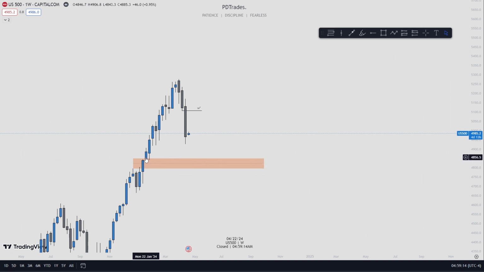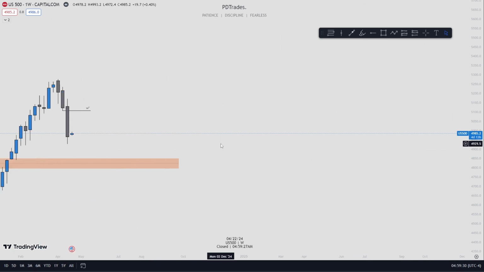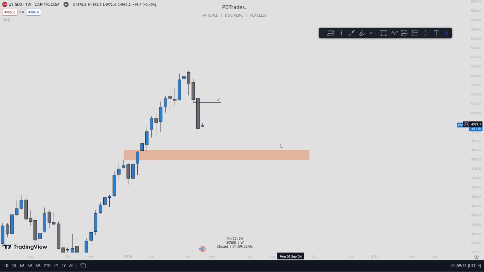But what was the narrative for the market being bearish? Remember, it has been bullish for like 9 weeks long. So it has to have a breather, and retrace.